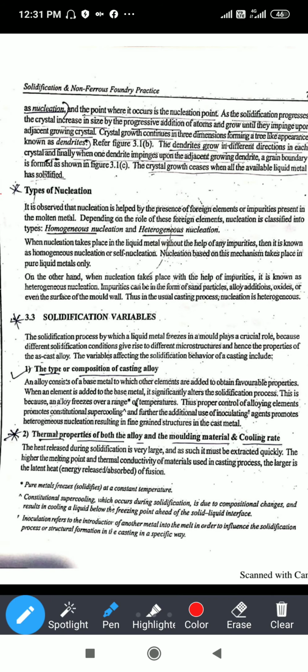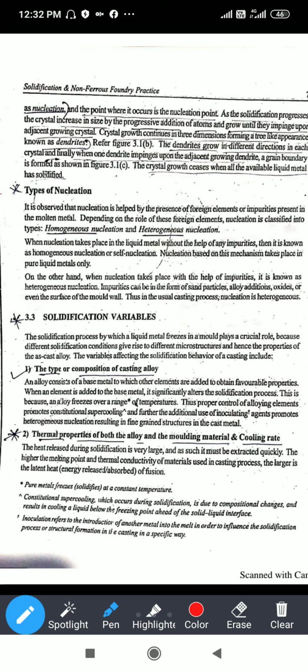The proper control of these types of alloys promotes constitutional supercooling, and the additional use of an insulator agent promotes heterogeneous nucleation. What heterogeneous nucleation means, we studied in the previous class. This alloy first solidifies, then the base metal starts to solidify. The alloy that solidifies first makes the other molecular components of the base metal start to solidify.